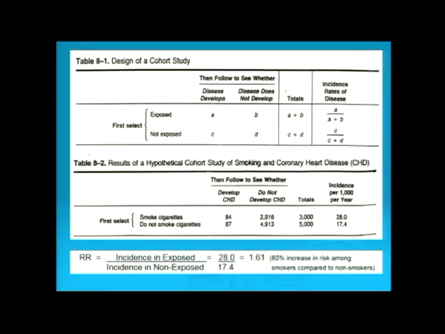And so you calculate the incidence in each group. 84 divided by 3,000 gives you 28 per 1,000 per year, and 87 over 5,000. And so these are your incidence rates in exposed and unexposed. And when you take the ratio, you get 1.61. So my interpretation here would be there is a 60% increase in risk of coronary heart disease among smokers compared to non-smokers.